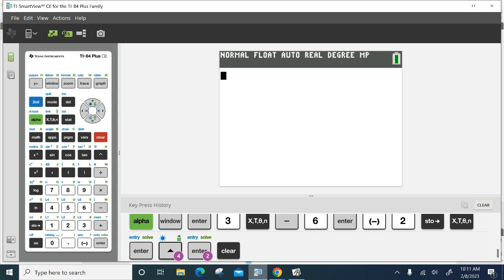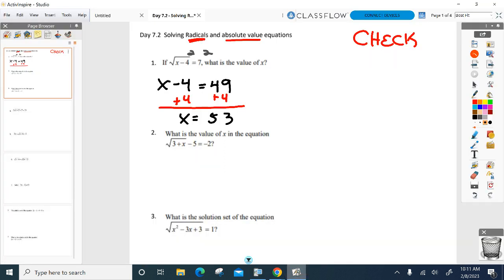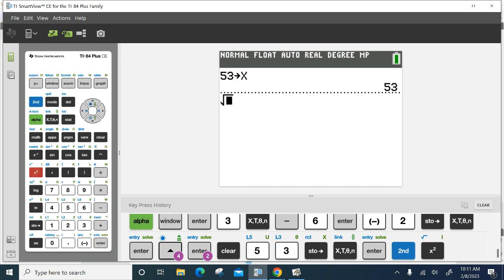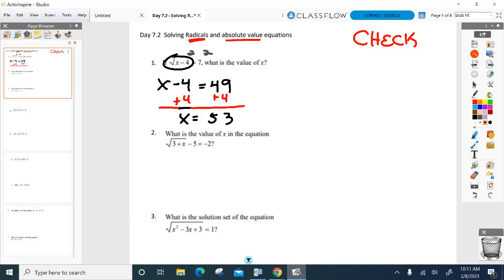I take 53, store it in for X, enter, and then go back to the problem and type in the left side of the original equation: square root of x minus 4. Notice what I get out: 7, which is what it's equal to. If it came out to be another number other than 7, or an error in your calculator, I would reject it and the answer would be no solution. But since 53 gave us 7, we accept it, and there's our answer.